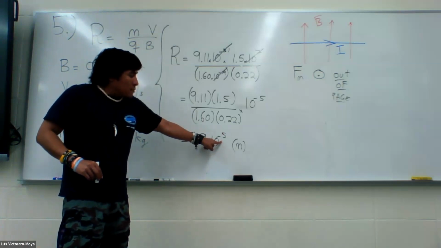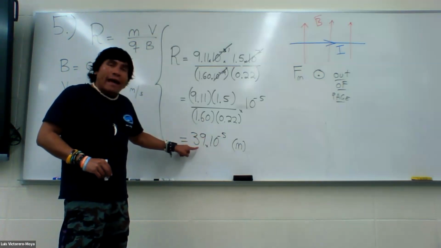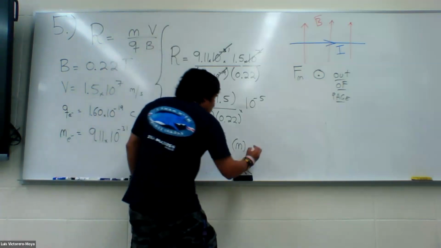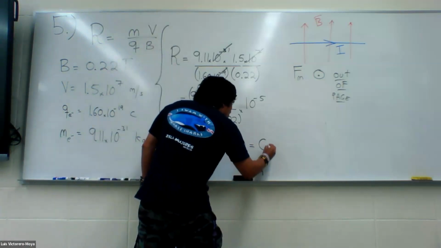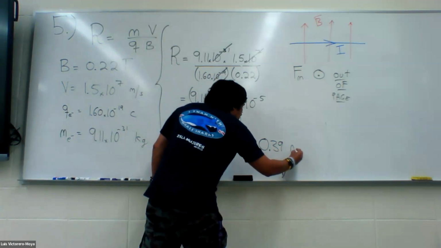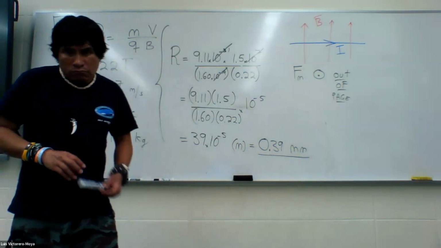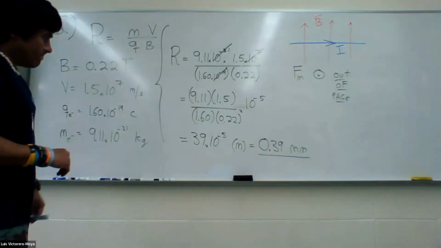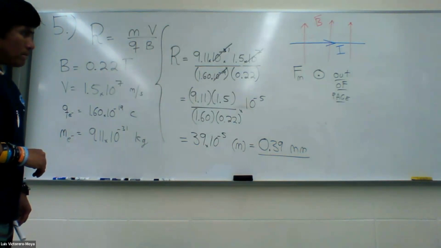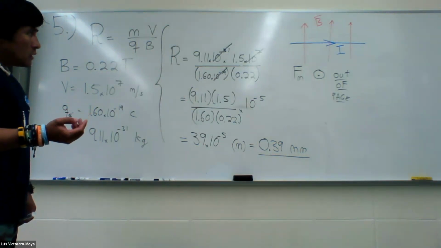So you multiply this by 100 to make this 10 to a negative 3, so you divide this by 100, right? If you do that, this becomes 0.39 millimeters. And that's the answer. The answer D. All right. So that would be the radius of an electron.